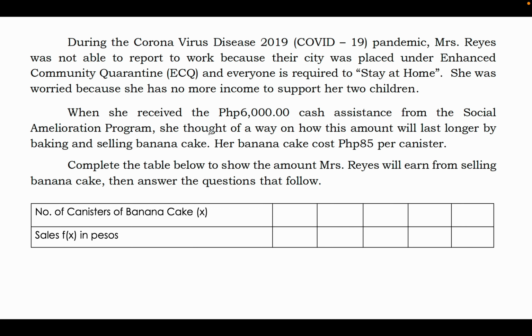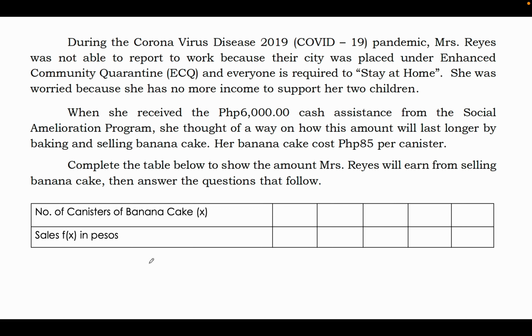When she received the 6,000 pesos cash assistance from the Social Amelioration Program, she thought of a way on how this amount will last longer by baking and selling banana cake. Her banana cake cost 85 pesos per canister. So what we are going to do here is complete the table below to show the amount Mrs. Reyes will earn from selling banana cake. Then answer the questions that follow. So, ano yung hinahanap natin dito?